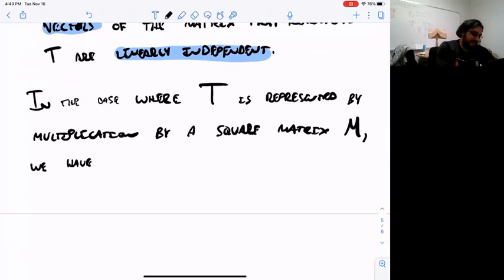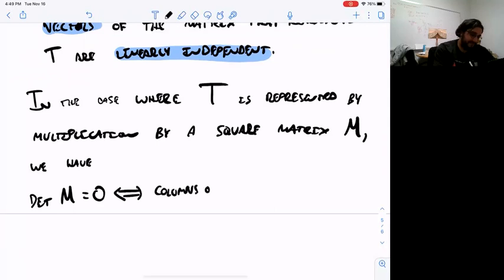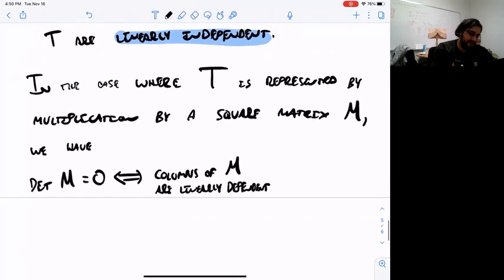So we have the determinant of M is 0 if and only if the columns of M are linearly dependent, right, which is if and only if T has a non-trivial null space.